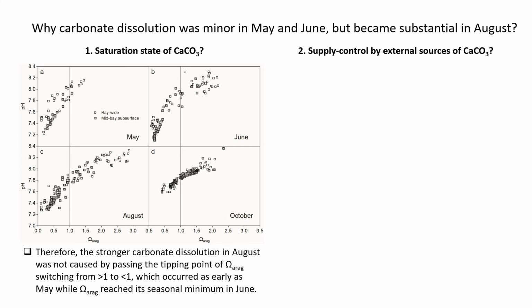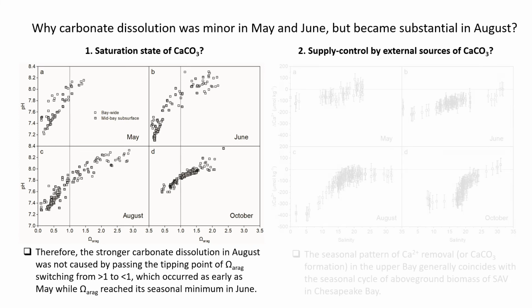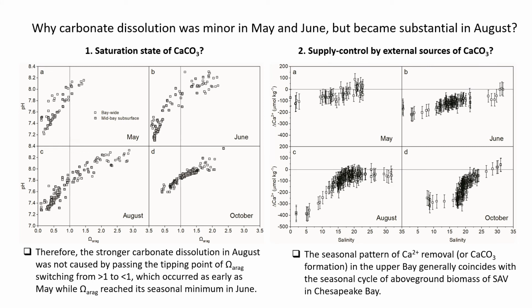Using a method in our previous paper, we used the removal of calcium ion to trace the process of calcium carbonate formation along the mainstem Chesapeake Bay. We can see the maximum removal usually occurred in the upper bay and increased from May to June to August, and decreased in October.